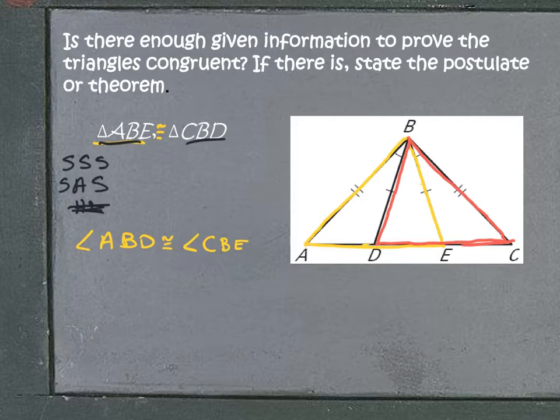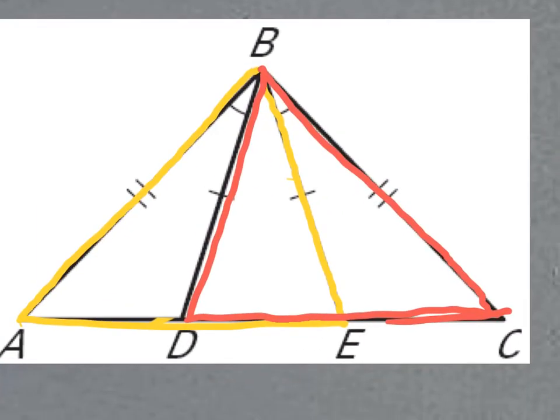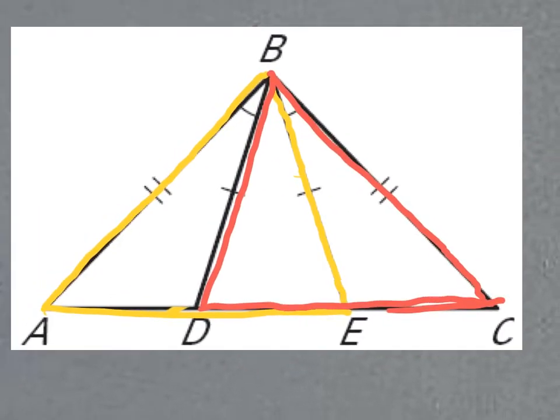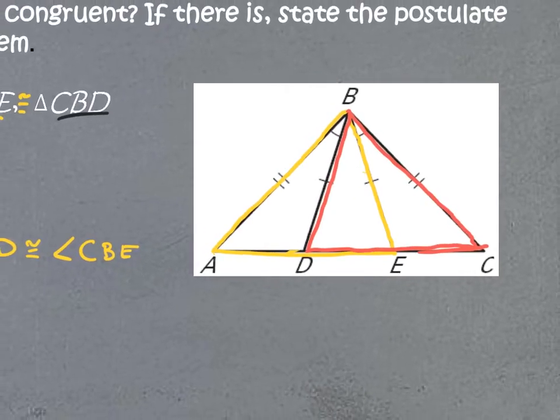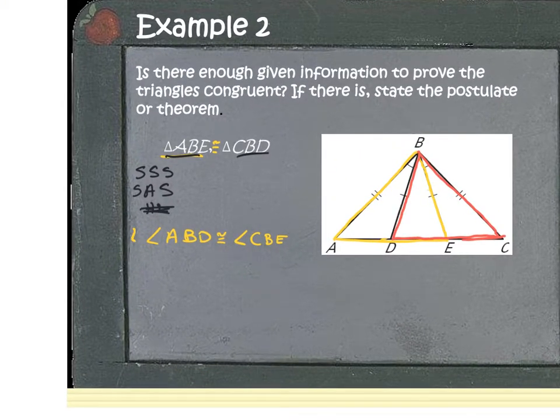But notice that is not the whole angle of a triangle. If you look at the yellow triangle there, that's not the whole angle up there, nor is it the whole angle of the red. Now don't get me wrong, you're not giving me bad info. It just may not be enough info to be the angle that we need. So let's keep this on the back burner for a minute because I have a feeling we're going to have to come back to this.